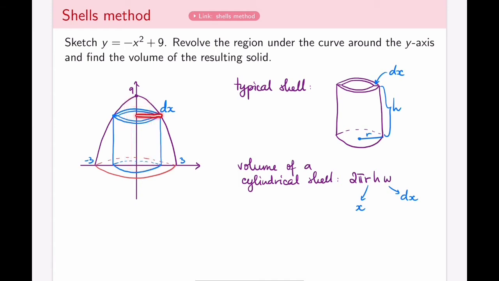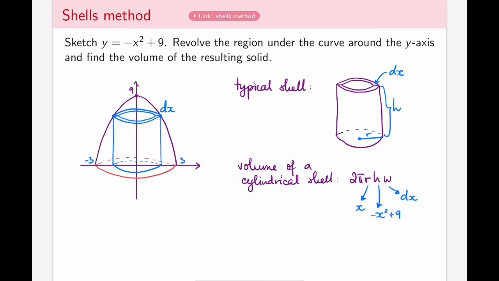So x gives us the radius. What gives us the height? Well, notice here that all I have to do is take this x value and plug it into my function in order to find that point on the curve that will in fact give me the height. So the height of my cylinder here is my y value, or in our case, because we have a function itself, is x minus x squared plus 9.